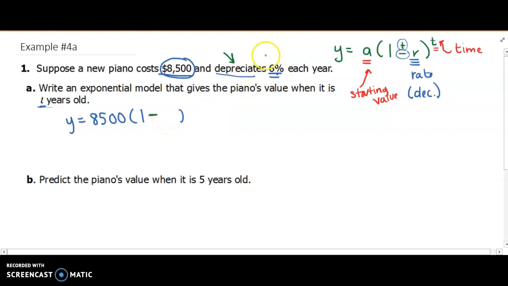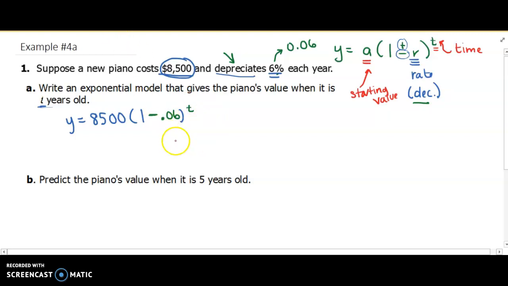We wouldn't write minus 6; we want to write this as a decimal. So 0.06 is 6%, to the t power.